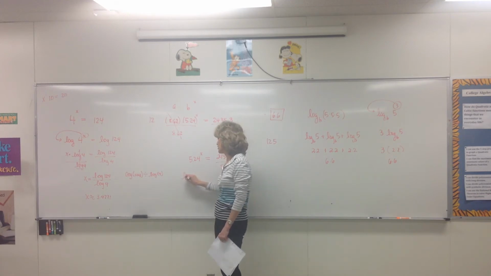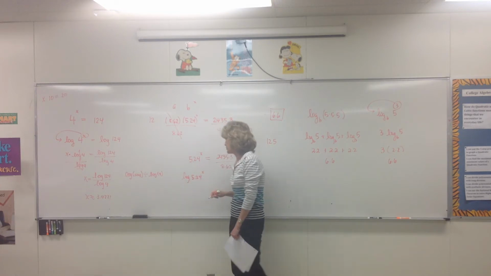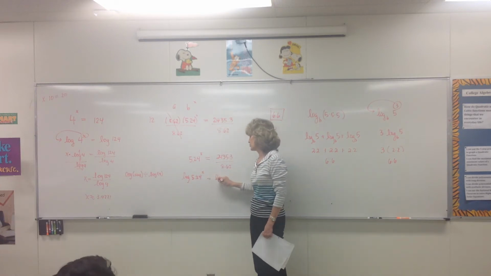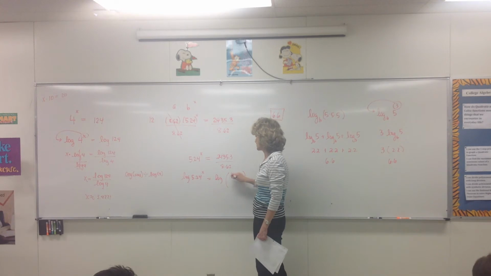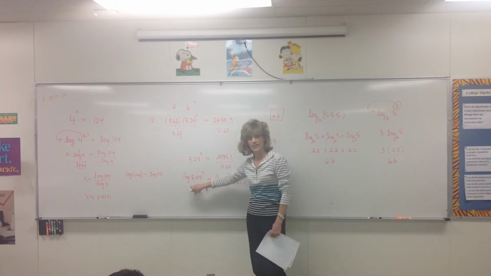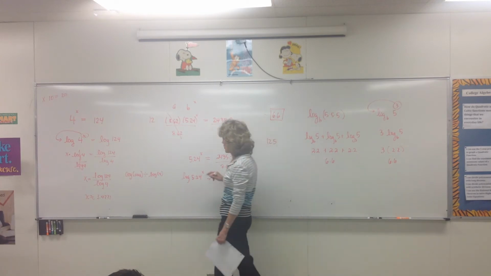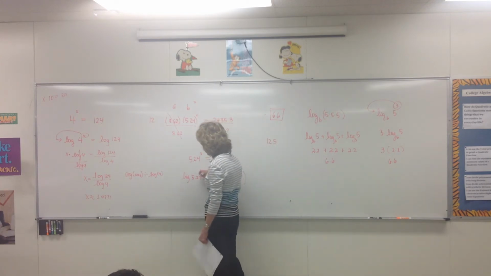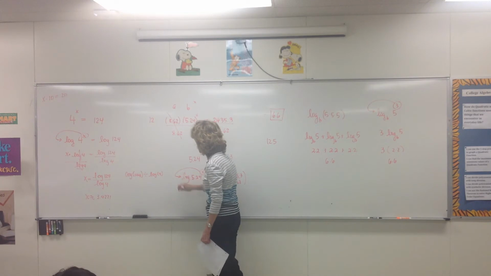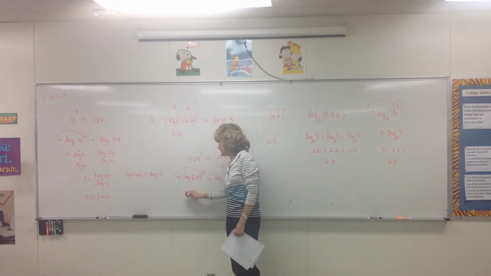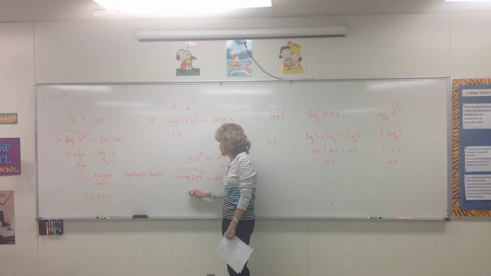If we take a log of both sides, log of 5.24 to the x equals log of all of this stuff. You have to know about properties of logs to understand how this helps us. A log is an exponent raised to another exponent. When you have a power to a higher power, you multiply. So the property of logs that we use is the one that says multiply the exponents. Multiply x times the log.